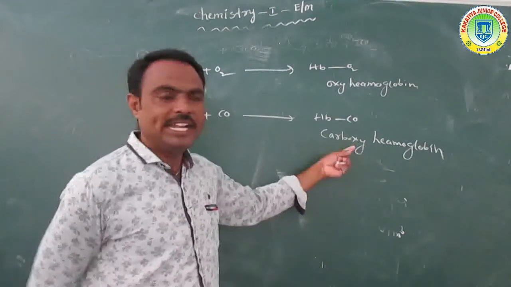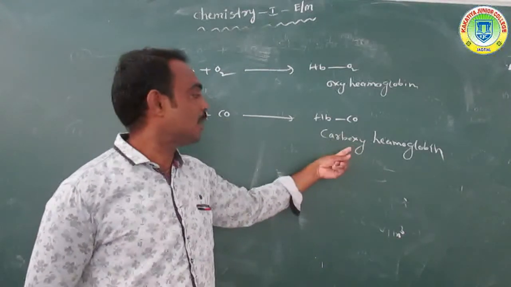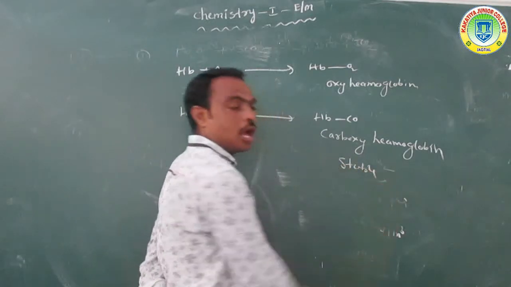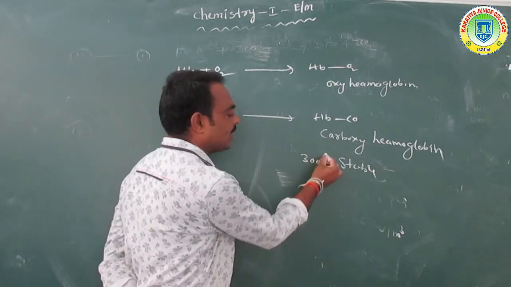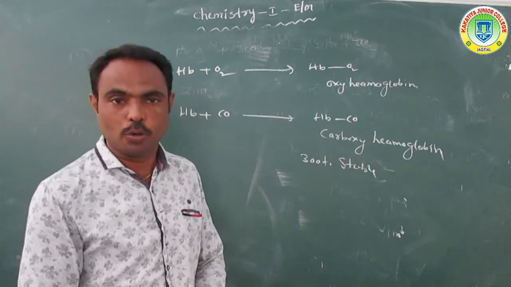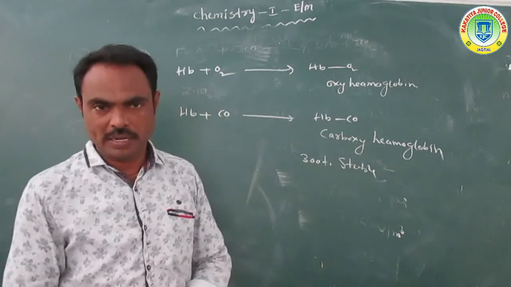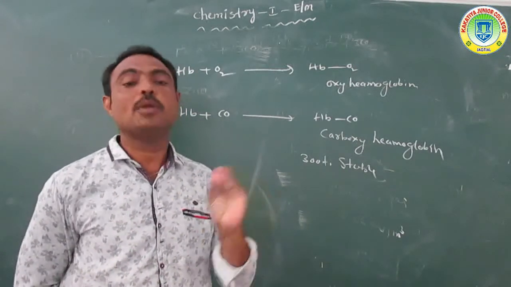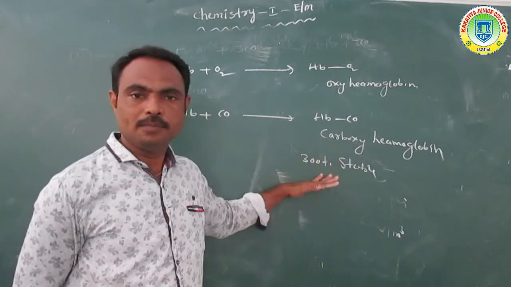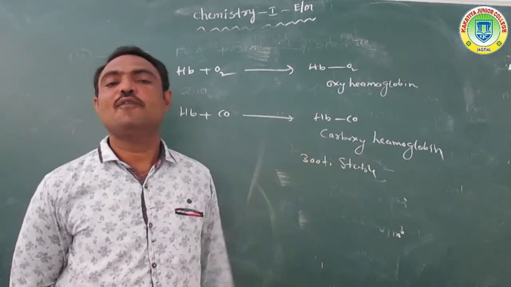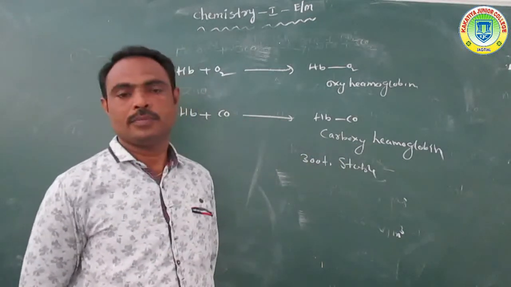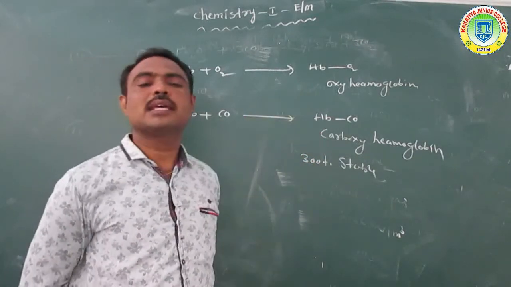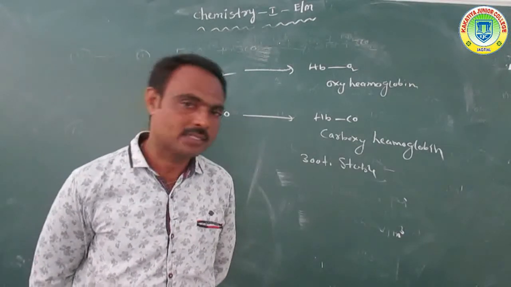So it is very dangerous. How much more stable? 300 times more stable than oxyhemoglobin. It does not dissociate and does not go out of our human body. So that time, a number of diseases form in our human body. Due to this reason, carbon monoxide is a very dangerous poisonous gas.